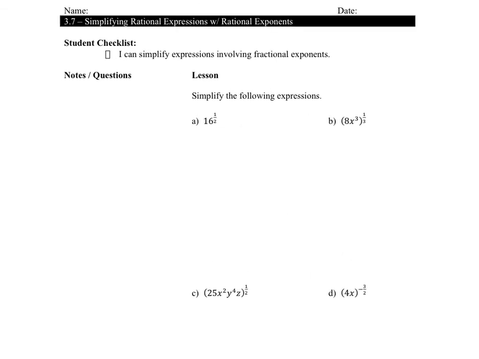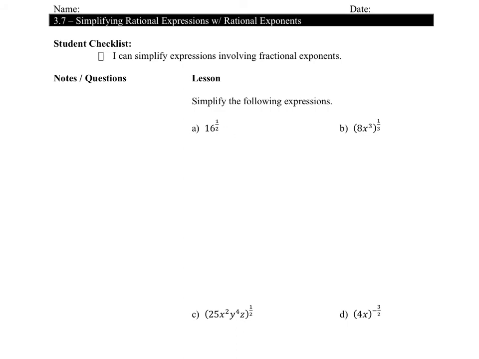Before I do this one, I know that in the negative exponent video, we kind of proved why the negative exponent works. Before I even do this one, I'm just going to explain the rule so that we can just start using it. So if I have something like x to the a over b, an exponent that's a fraction, that's equivalent to the b root of x to the a.